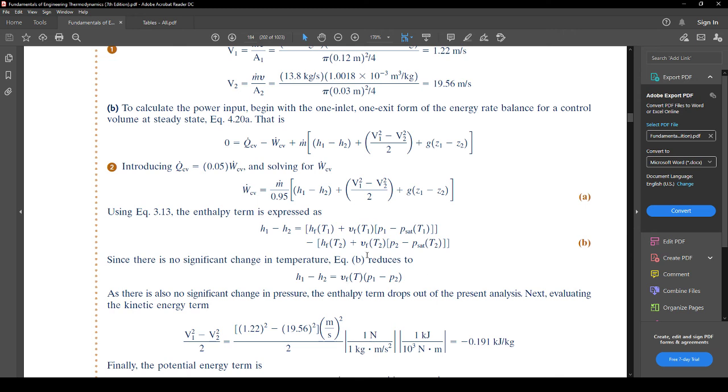So this right here is an equation you will see quite a bit in the next classes, and this is how you solve for pumps. This is what I like to call the perfect pump equation. So essentially, the work of the pump, the delta H of the pump, you can rewrite as this.